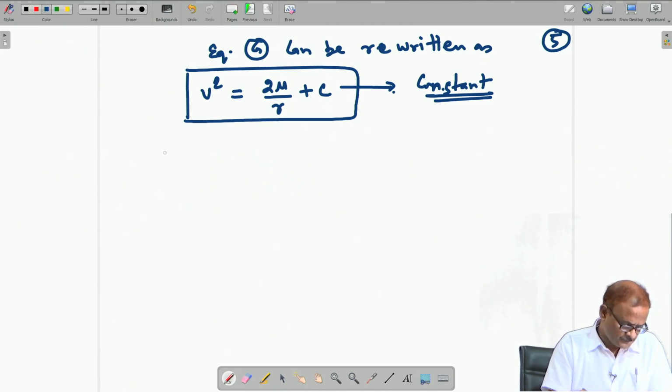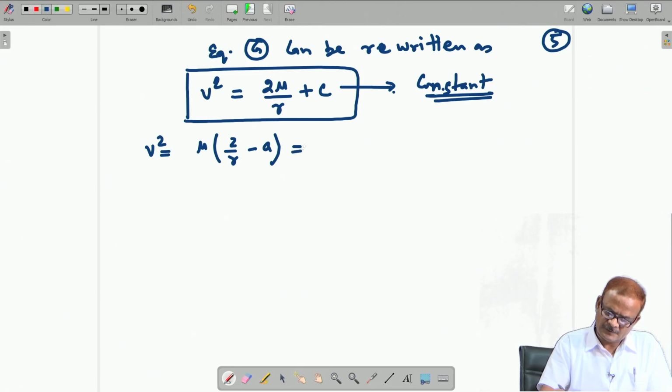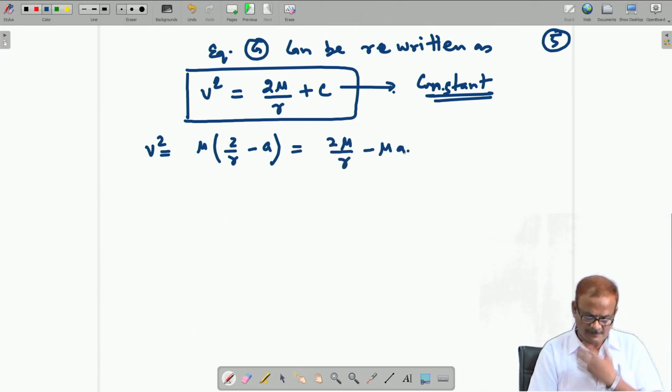Now, we will also utilize one relationship for v square, which we are going to prove later on, perhaps; till now I have not done it. v square equal to mu times 2 by r minus 1 by a, meaning this is 2 mu by r minus mu by a.